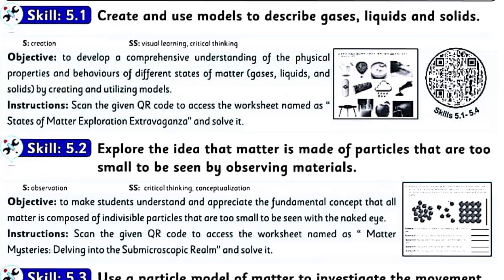Objective: to develop a comprehensive understanding of the physical properties and behaviors of different states of matter by creating and utilizing models. Instructions: scan the given QR code to access the worksheet named States of Matter Exploration Extravaganza and solve it.